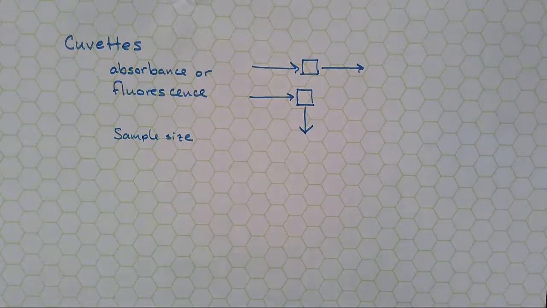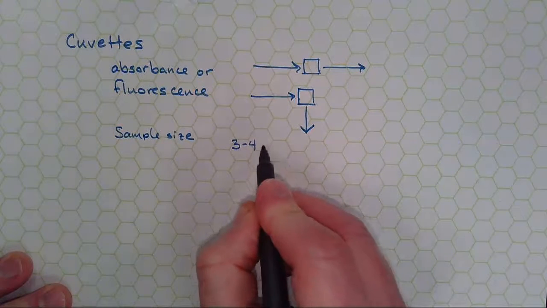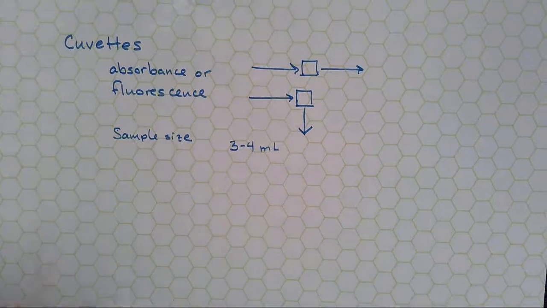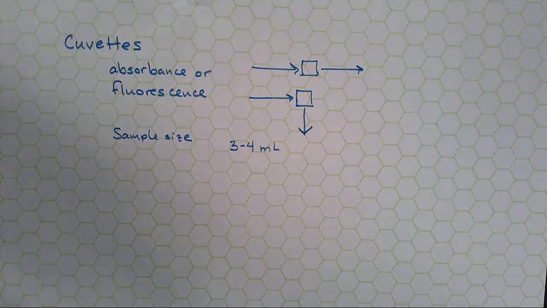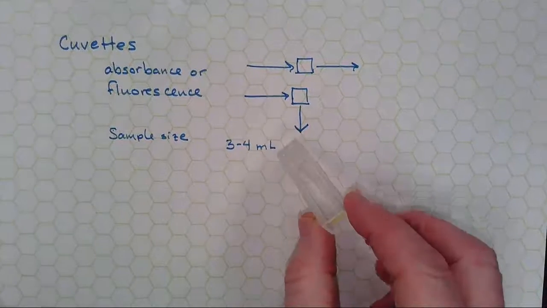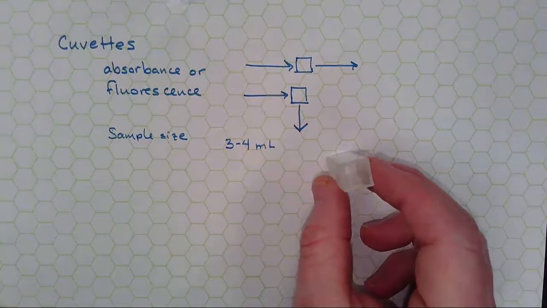That cuvette will hold 3 to 4 milliliters. So 3 to 4 milliliters for the full cuvettes. This one is a full cuvette and will hold 3 to 4 milliliters.